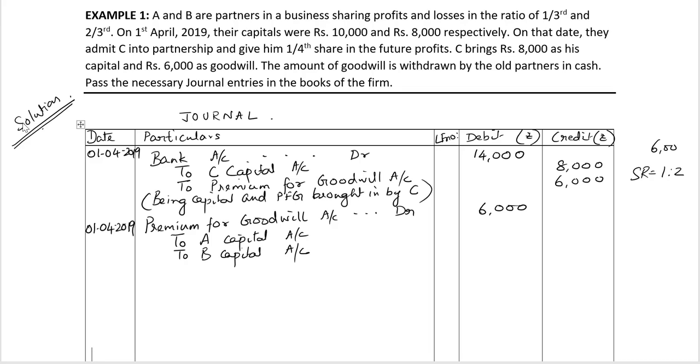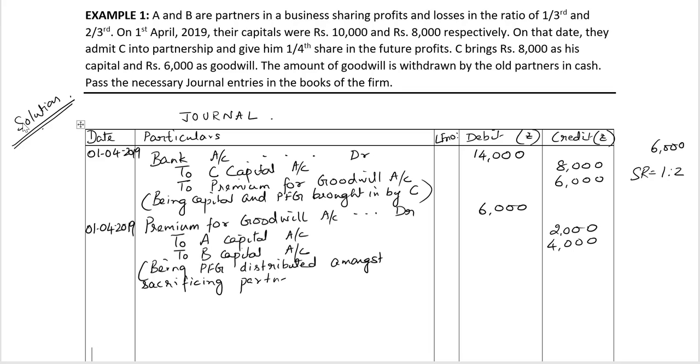On dividing Rs 6,000 in sacrificing ratio 1:2 against A, we get Rs 2,000 and against B we get Rs 4,000, being premium for goodwill distributed among sacrificing partners in their sacrificing ratio.